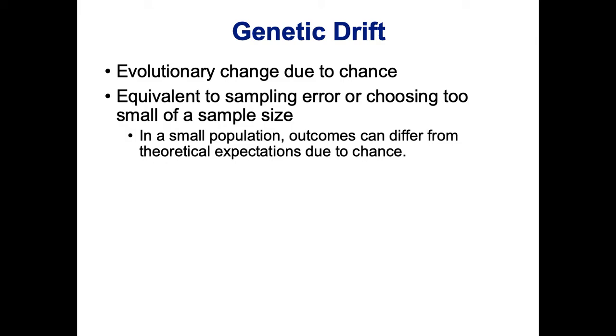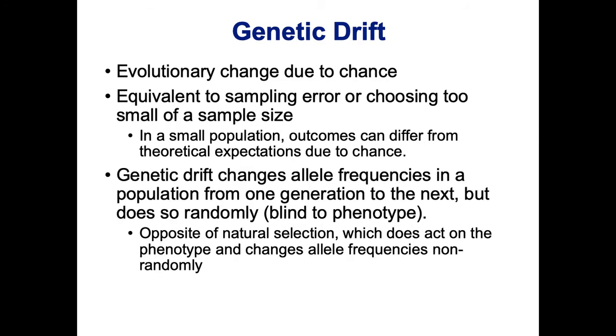In small populations, the outcomes can differ from theoretical expectations just due to chance. It's like you flip a coin a certain number of times. If you do it 1,000 times, you're almost always going to get about the same answer. If you flip it 4 times, you could get all heads. That's not improbable. And that's the basic idea with genetic drift.